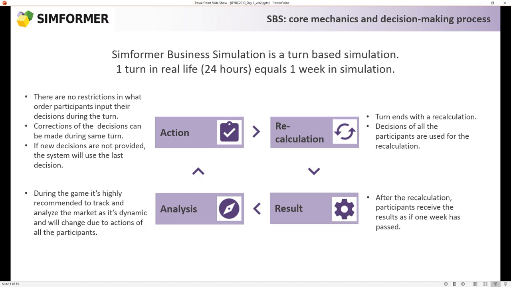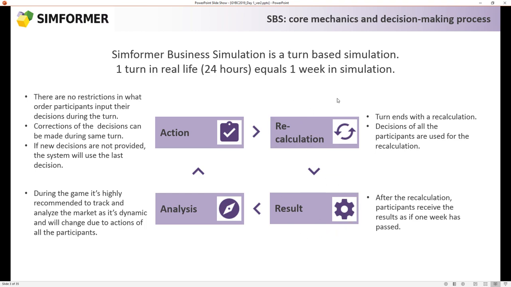But the idea is quite simple. You receive information, you go through analysis, jump into a certain action plan, type in all the decisions and get all the settings right. Then the recalculation happens during the night, roughly 4 to 5 a.m., depending on the location, and then the results are out.